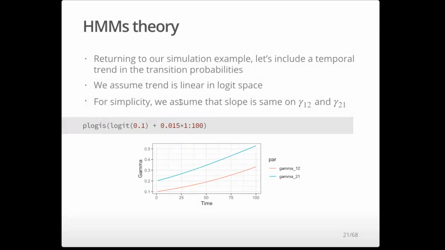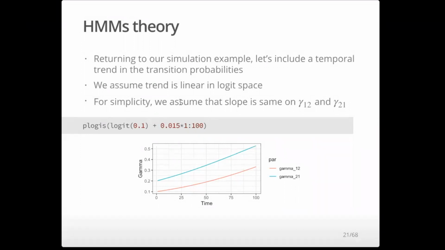I'm going to take the example that I showed before and include a covariate related to time, and let those transition probabilities change through time. In this case, if we just have two probabilities, we can use logistic regression, which is a lot easier than multivariate logit regression.